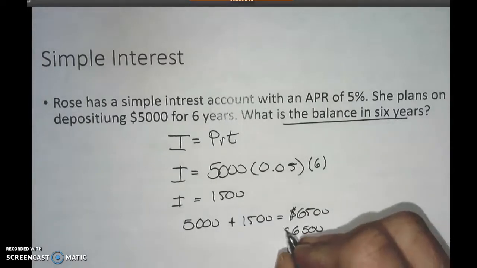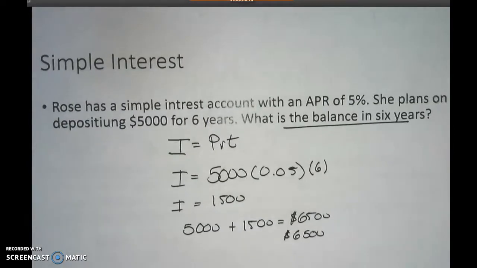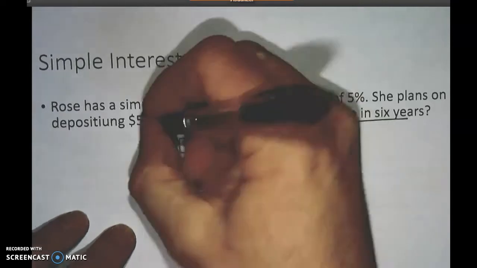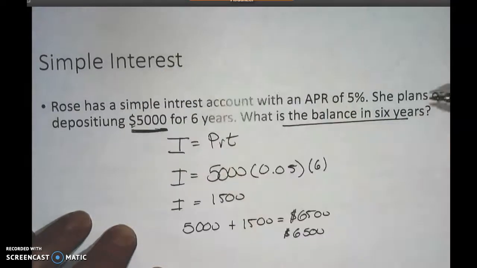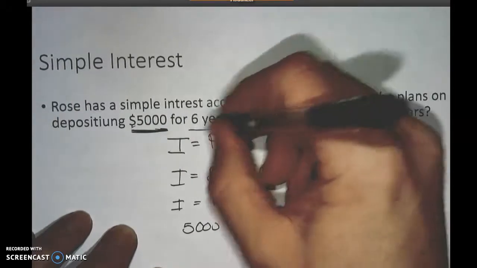There are lots of typos in that one, and you can fix that. Any questions on simple interest? Because it's simple. Are we good? P is your beginning balance, your principal, R is rate, T is time.